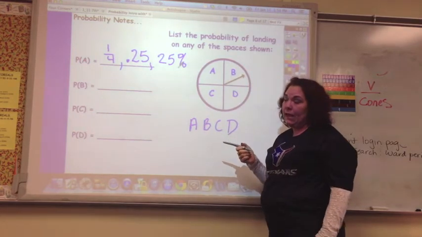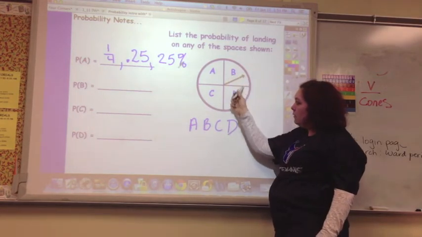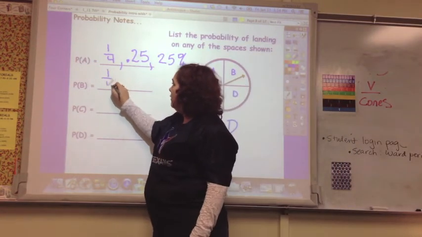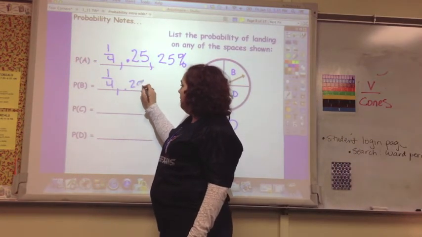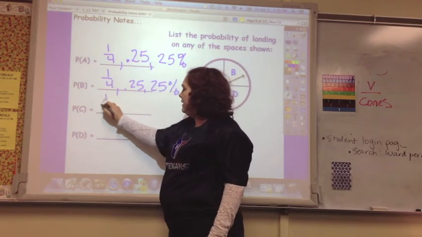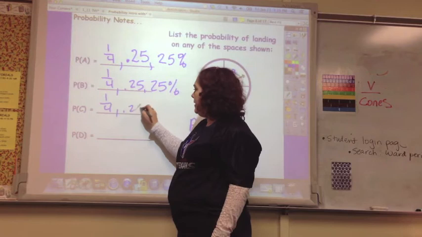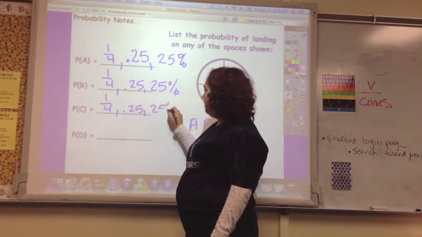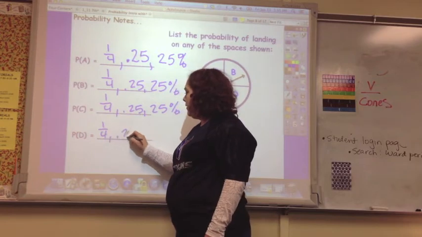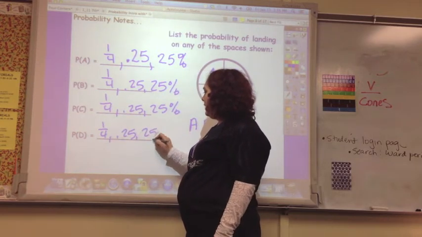B is just as likely, because these are equal spaces apart, and so B is 1 out of 4, which is 0.25, which is 25%. And C is 1/4, 0.25, 25%, and D is 1/4, 0.25, 25%.